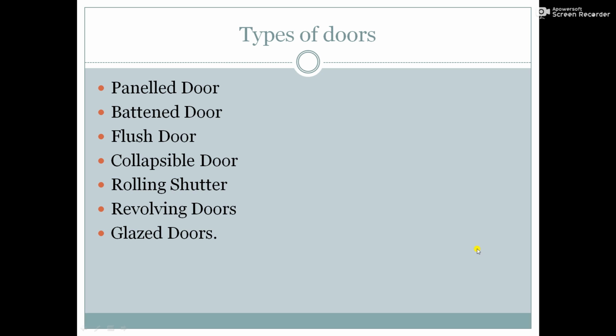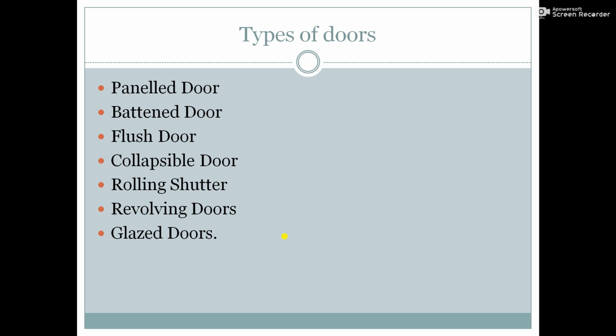Now the next point is the types of doors. Today we just list out the types of doors, and in the next lecture we will discuss each and every type in detail. The first type is the paneled door, then batten door, flush door, collapsible door, rolling shutters, revolving doors and glazed doors.